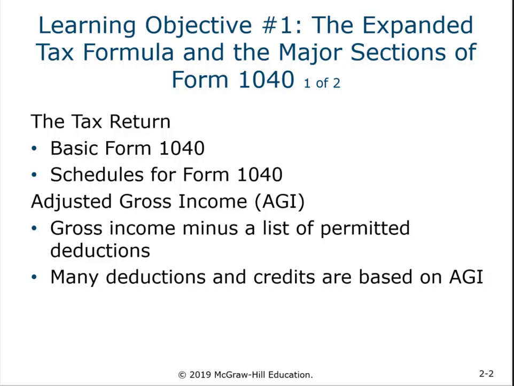AGI is really important. It doesn't directly determine how much tax it is because it's not taxable income, but it is important in multiple ways, and we'll see how that is. So there are specific deductions that can be taken off of our total income to get AGI.